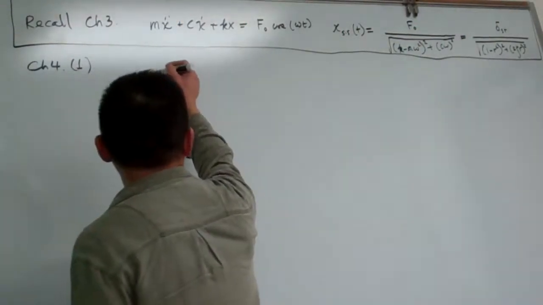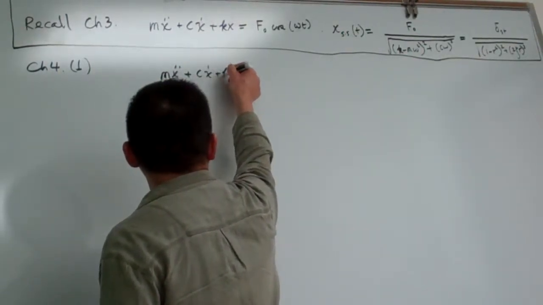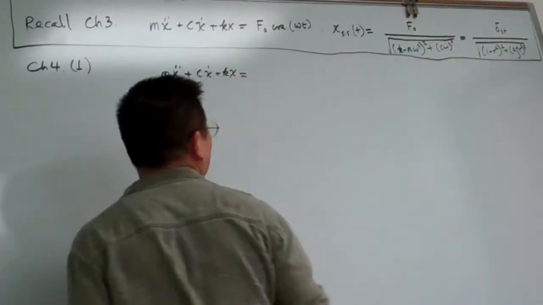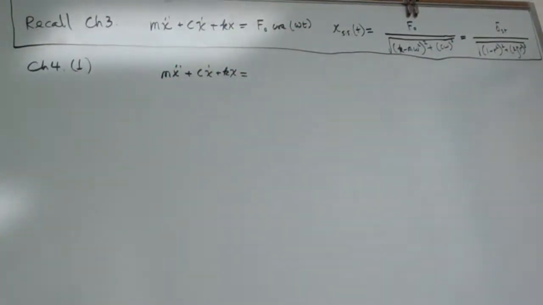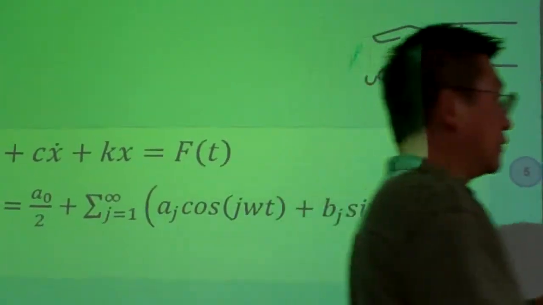So here we have m x double dot plus c x dot plus k x equal to, for these general terms, and let me expand it in the vertical way.